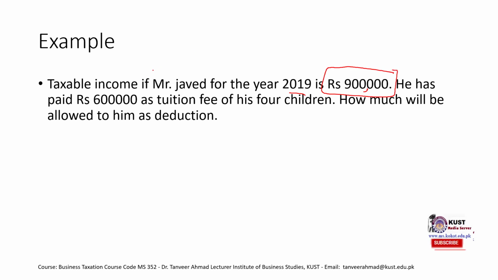Remember, it is saying taxable income, but basically this is a gross income. This includes all the basic salary and all the allowances. He has paid 6 lakh rupees as tuition fees of his 4 children. How much will be allowed to him as deductions, right?